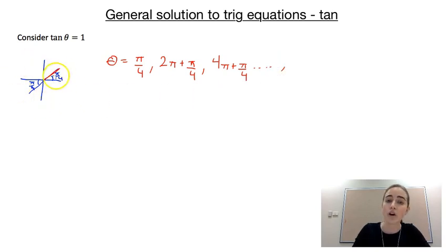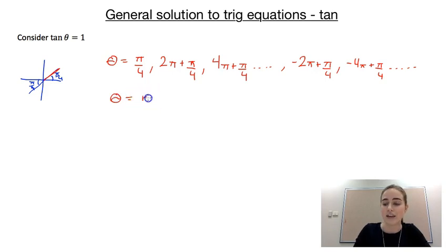If we go clockwise instead, we'd have all the way around would be minus 2 pi, but then we've got a plus pi on 4 to come back. So minus 2 pi plus pi on 4. If we went around another revolution, we'd have minus 4 pi plus pi on 4. And that could keep going as well. So if we generalize that solution, we could write it as theta equals n pi plus pi on 4, where n is always either 0 or an even number.